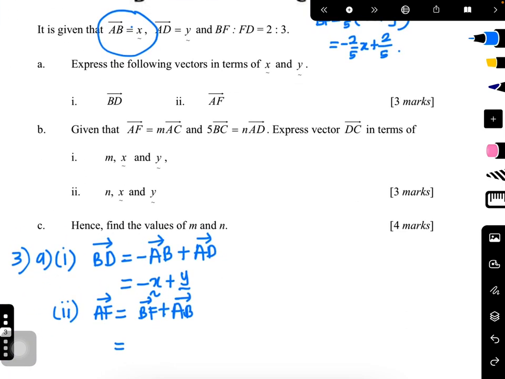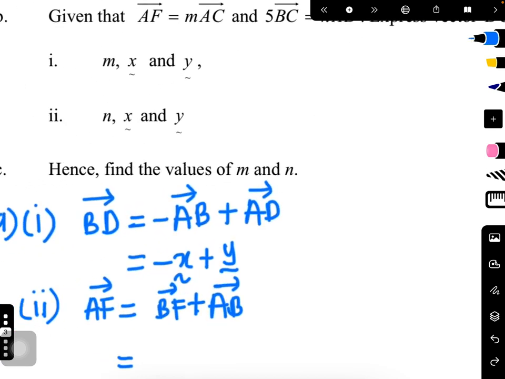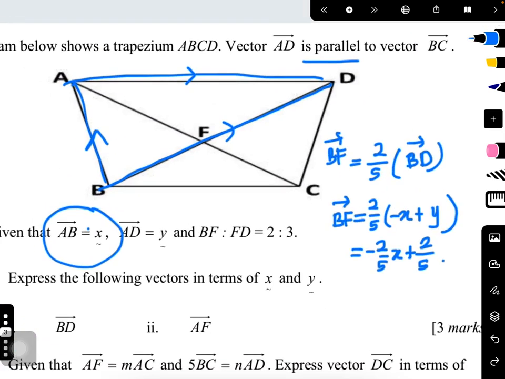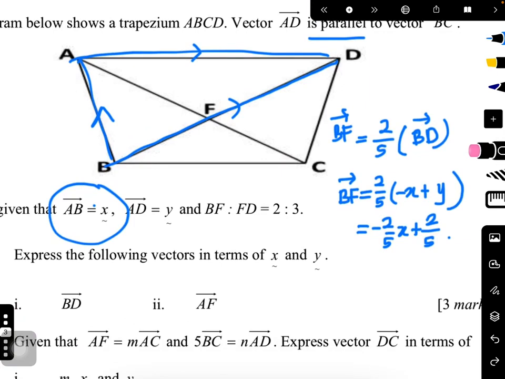So this is the answer. It's easy, right? Okay, for part 3(i), we need to find AF. Where is the AF?